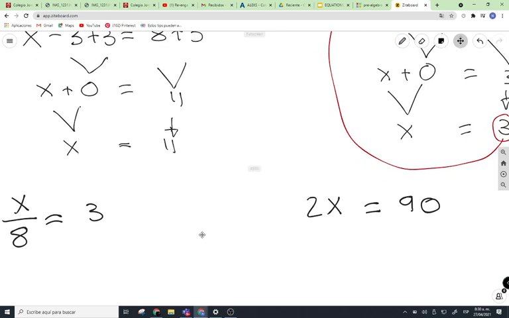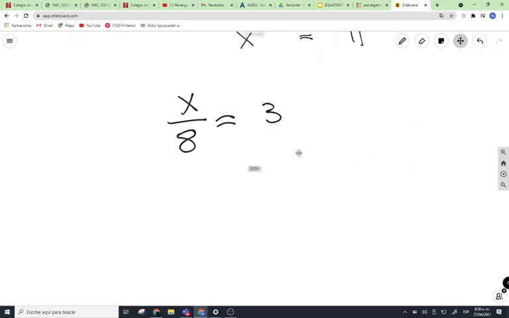Now let's see what happens when you have a division, okay? When you have a fraction, which is also a division, what you do is the opposite of division, and the opposite of division is multiplication. So you have x divided by 8, but you also multiply by 8. And since you multiplied by 8 here, you also have to do it here. 3 times 8.